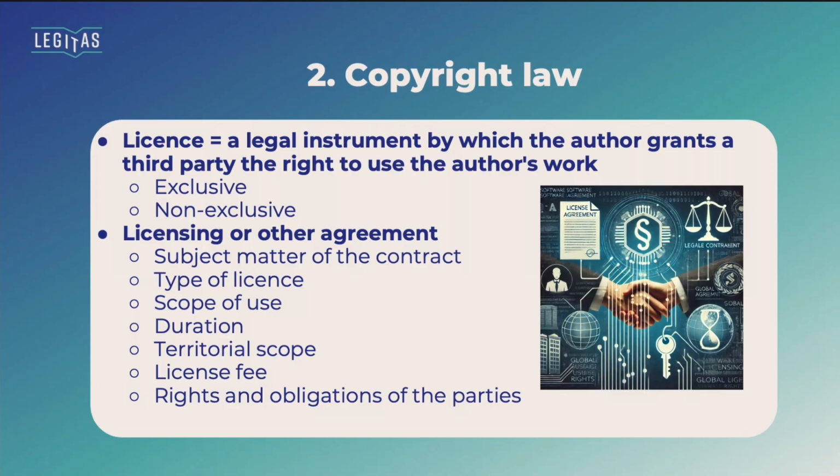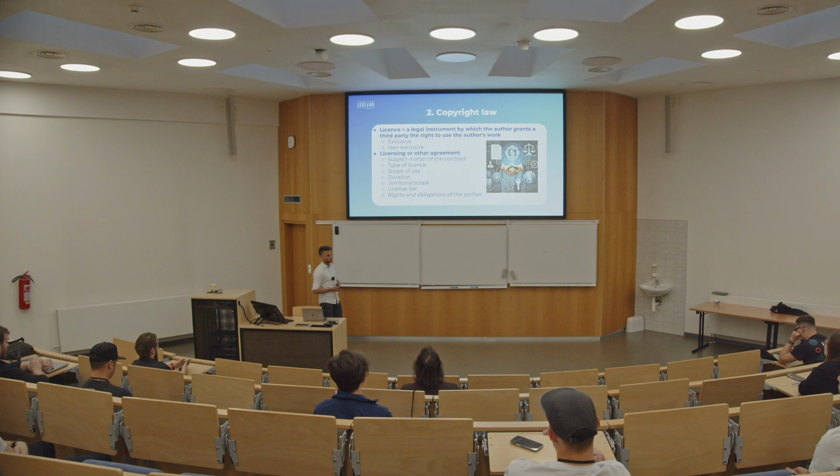So in general, when I have a copyright work and I'm going to be selling software, there should usually be a licensing agreement. In the licensing agreement, we talk about whether it's going to be exclusive or non-exclusive, meaning whether I'm able to license it to another person or just that particular person.